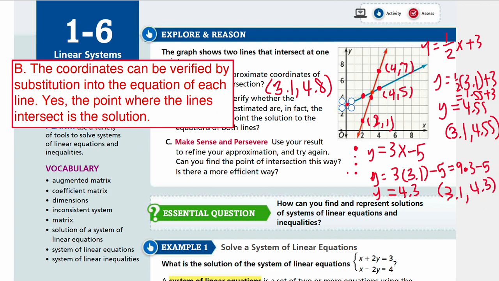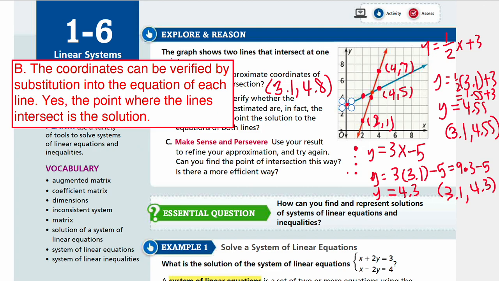So we can see that if our x value is 3.1, our y values are closer to 4.5, or maybe we can say 4.4. So yeah, we can adjust our answers using algebra as well.